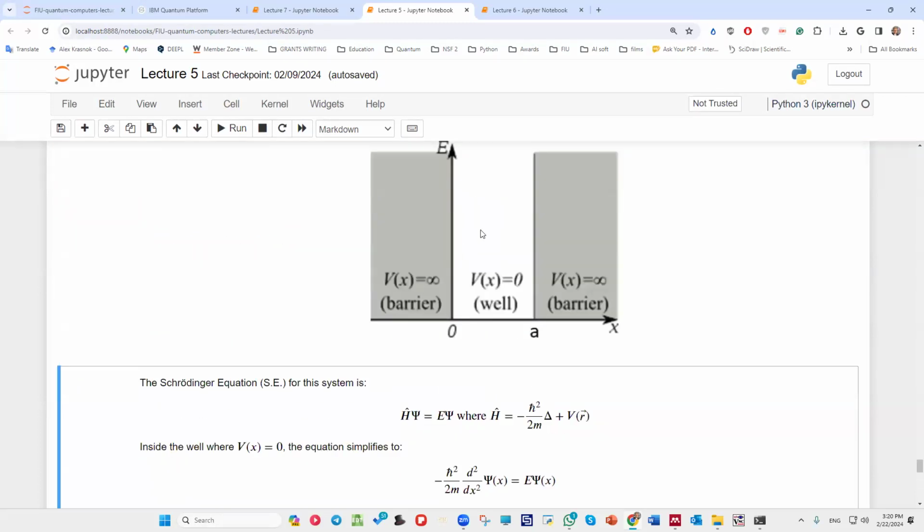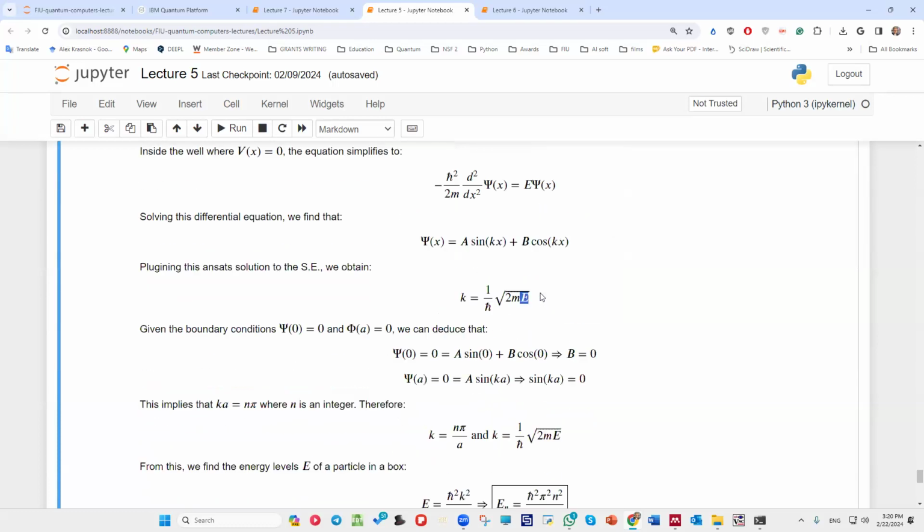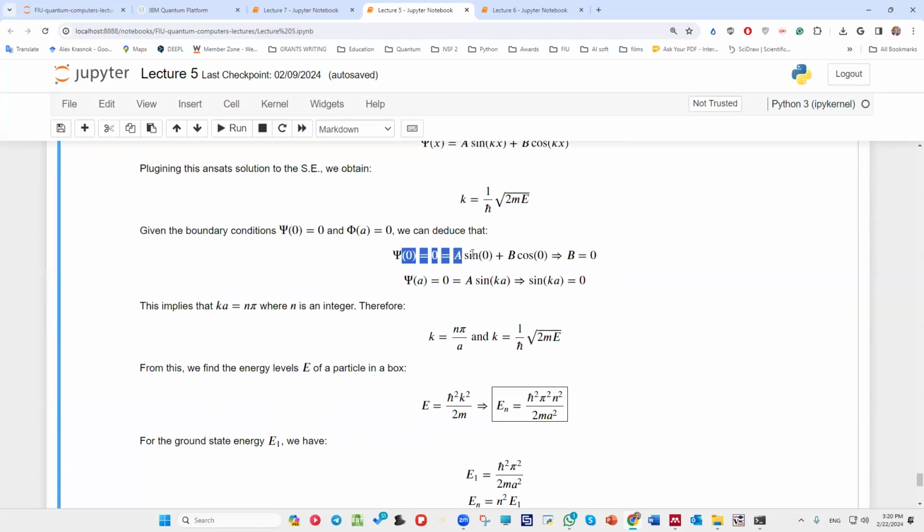Since the particle cannot go to the left and to the right because the barriers are infinite, we must take into account that the wave function at the boundaries turns into zero, right? It's written here. We assume that at zero coordinate, this expression vanishes, so the coefficient b is equal to zero.